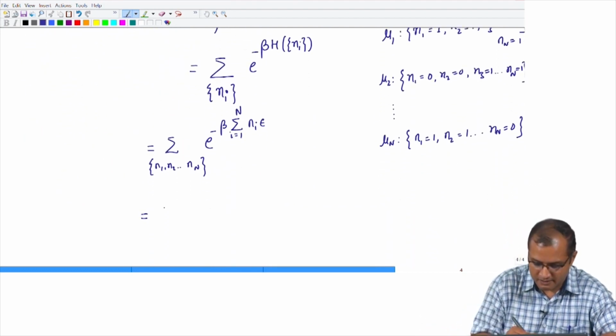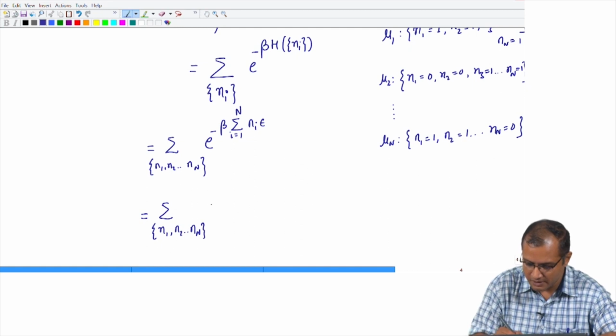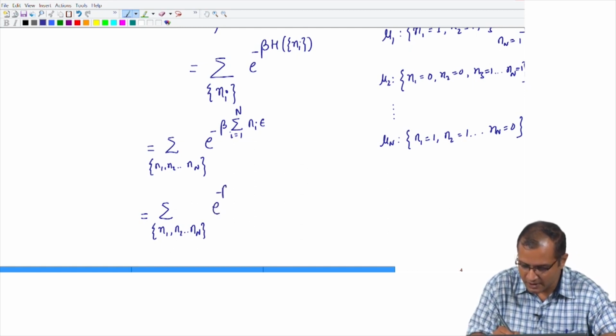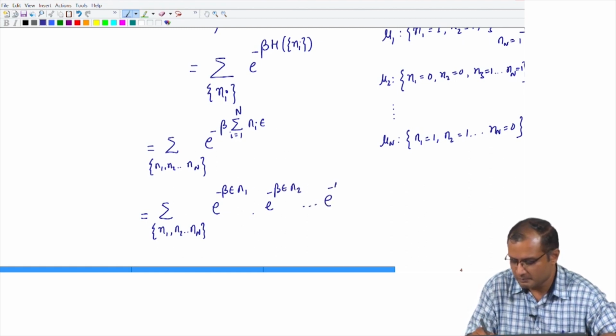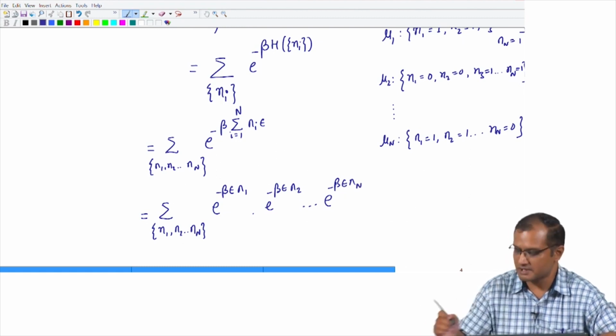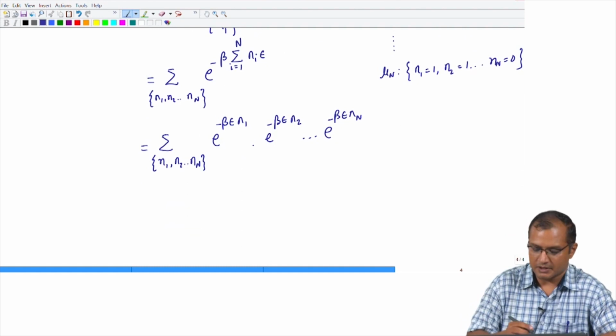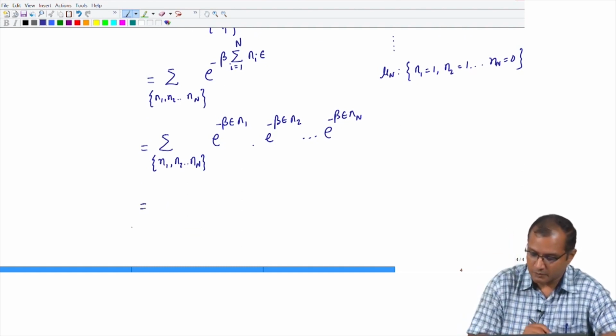So, I can write this as summation over all possible values of e raised to minus beta epsilon n1 into e raised to minus beta epsilon n2, and so on, because you have powers added up in the exponent. So, you have the n_i's added up in the exponent, it splits up into products.